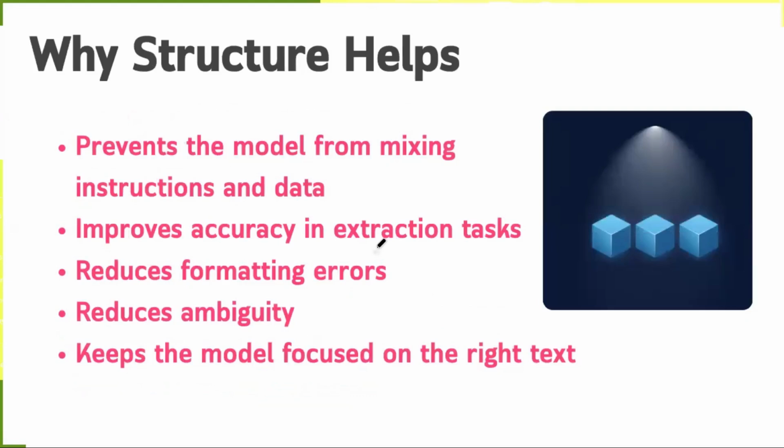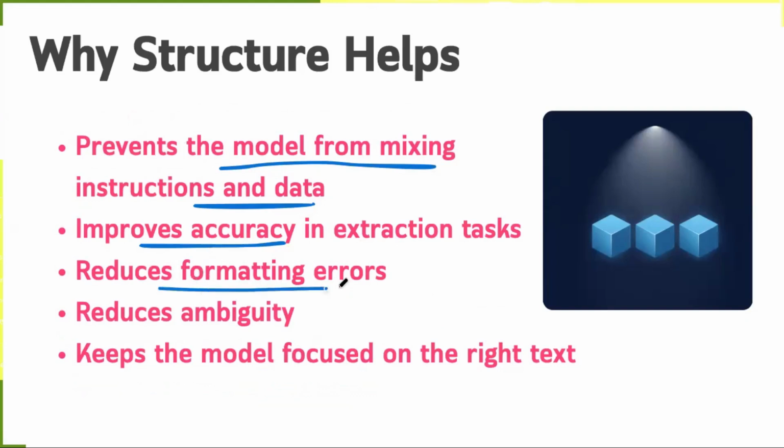Structure is important because it guides the model and keeps the outputs accurate. It prevents the model from mixing instructions and data. When instructions are clearly separated from content, the model knows exactly what to follow. Structure also improves accuracy in extraction tasks. With clearly defined sections, the model can pull the right information without confusion.